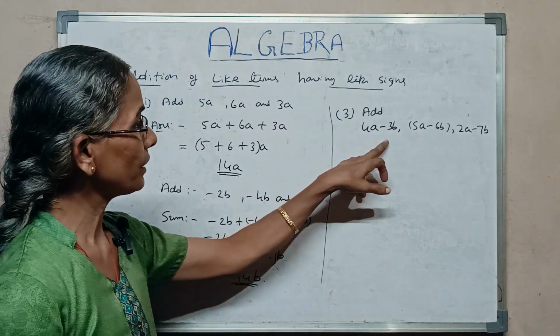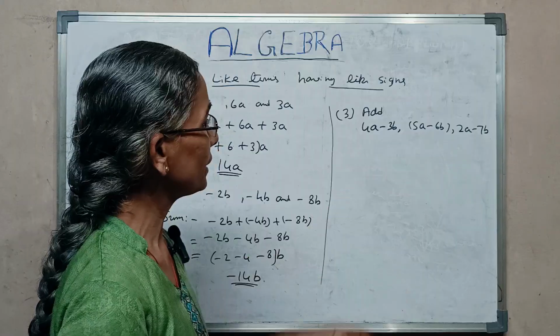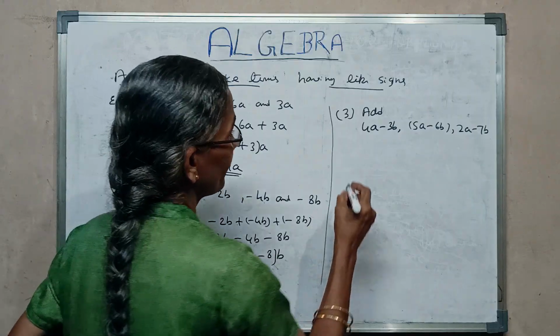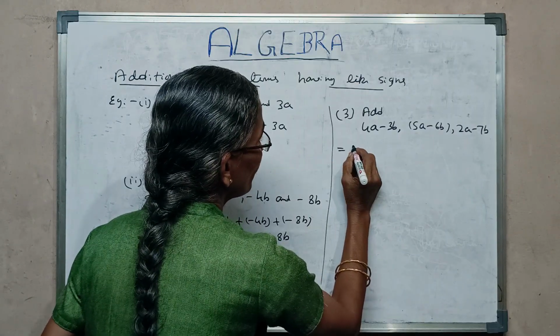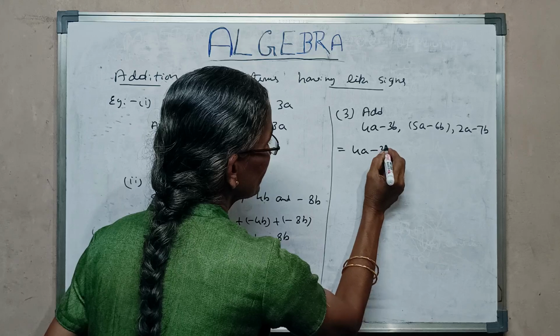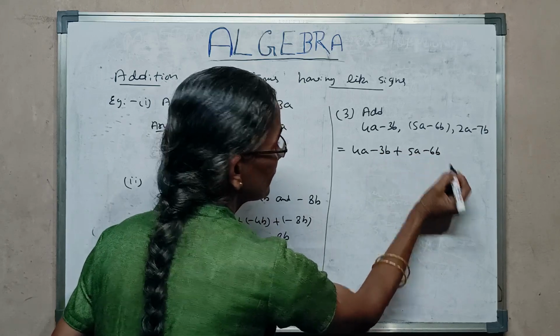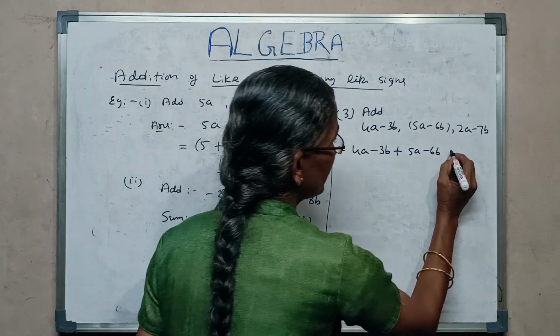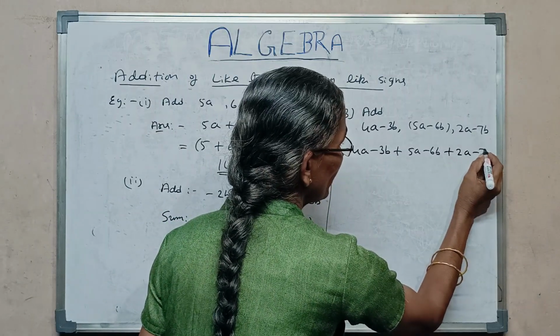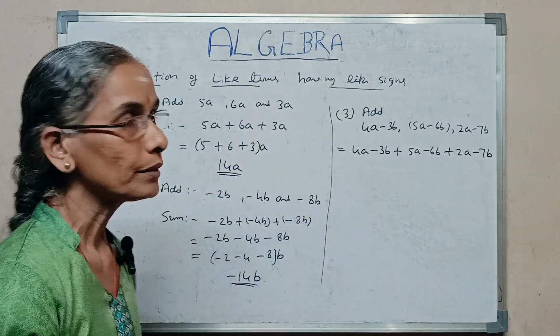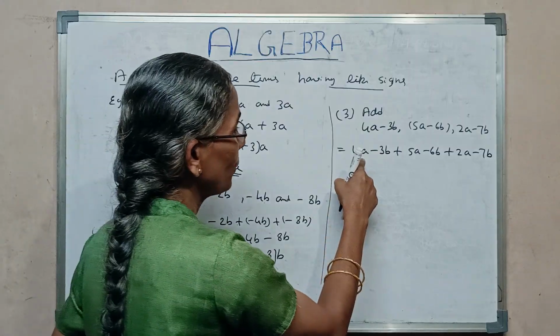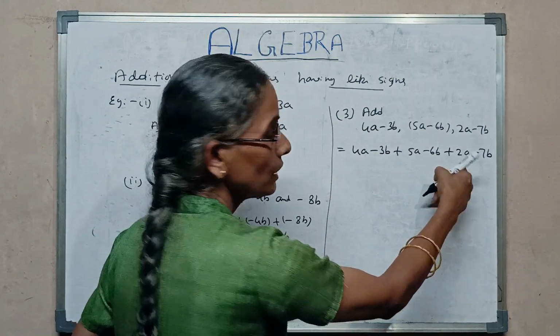This is an expression having two terms, binomial terms. Here 4a minus 3b plus 5a minus 6b plus 2a minus 7b. Here the like terms are 4a, 5a and 2a.